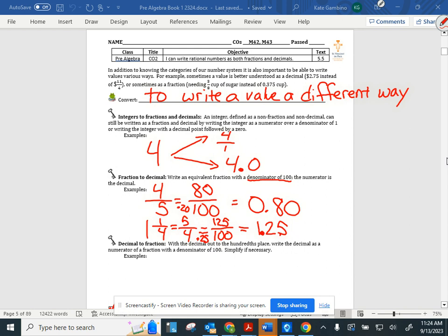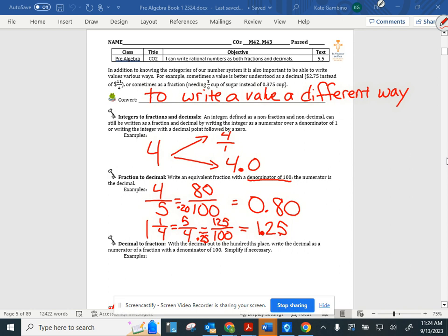Also, we started with 1 and 1/4, which tells me that 1 is going to go in the ones place. Very good, Henry. So when we have a whole number, we know it's going to be to the left of our decimal point. Just the fraction is going to be to the right of the decimal.